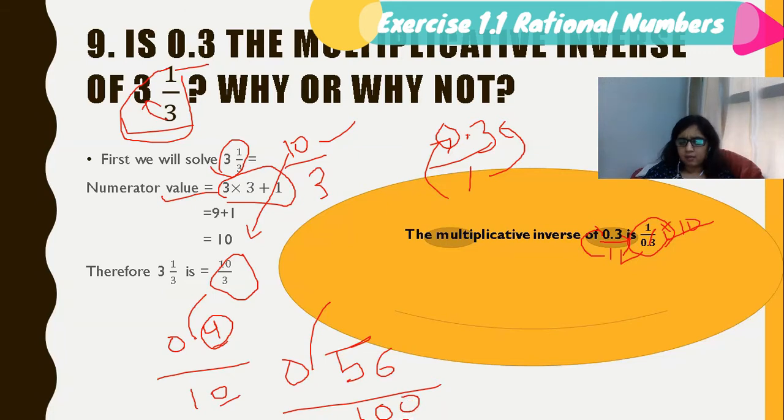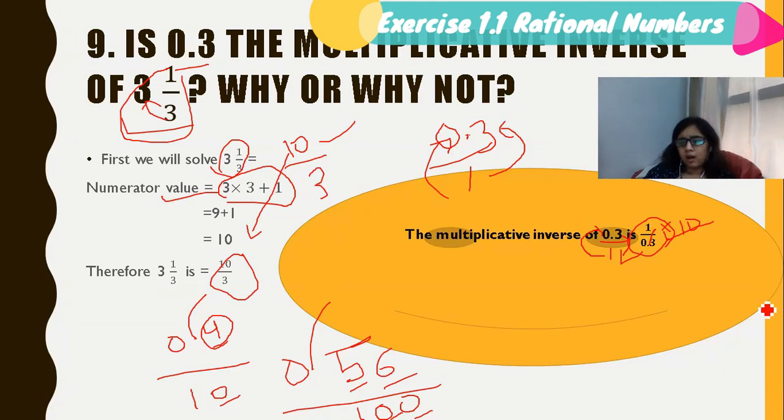Why 100? Because after the point I have 2 digits. If I have 3 digits after the point, then I divide by 1000. So it depends upon the number of digits after the decimal point.